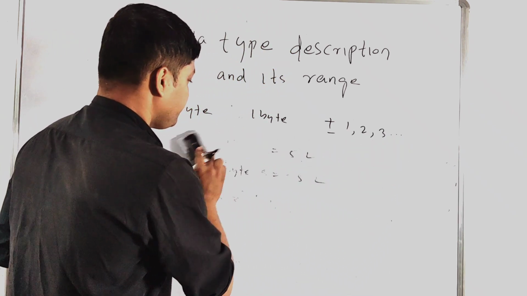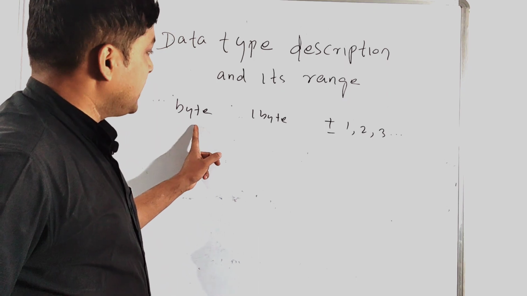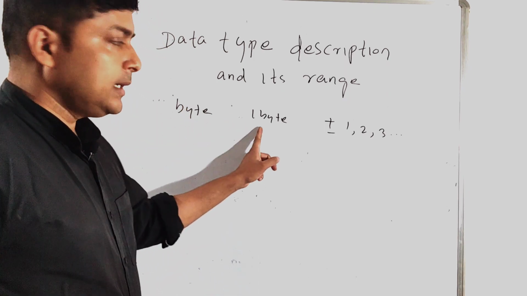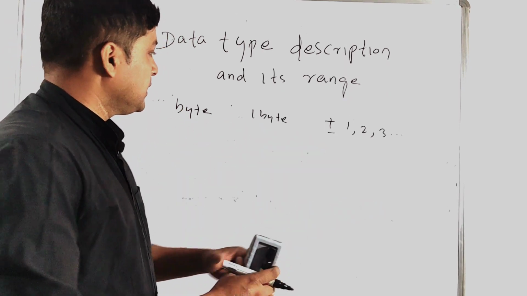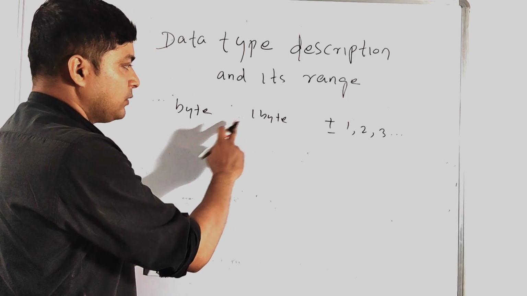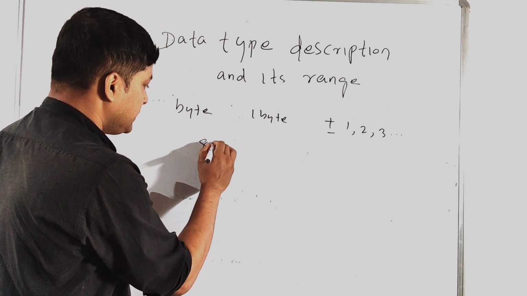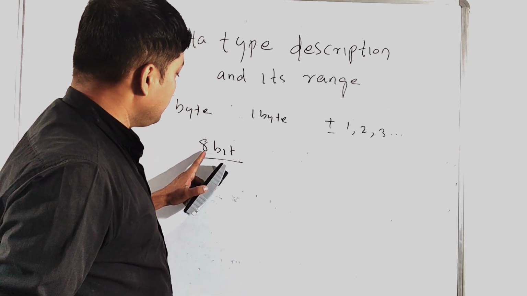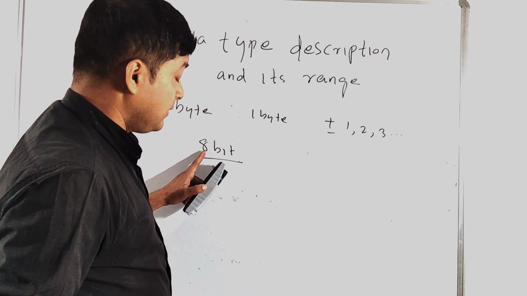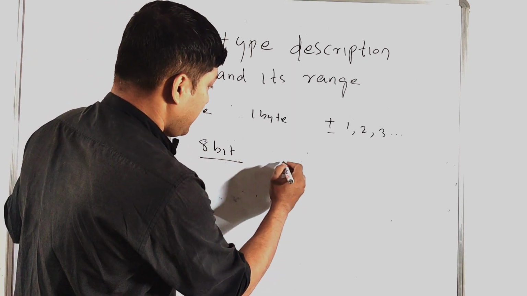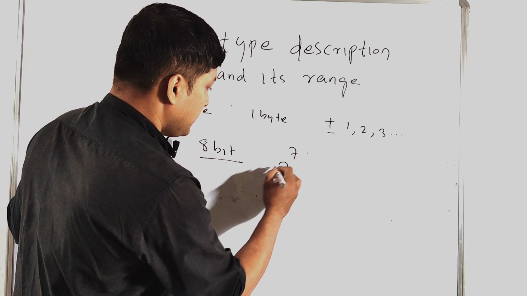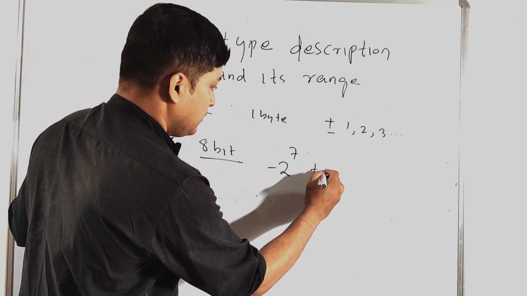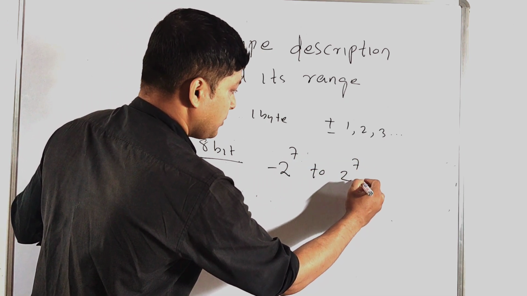Consider the byte data type. Byte equal to 1 byte, and 1 byte means 8 bits. Take away 1 bit for the sign, that leaves 7 bits. So its range is minus 2 to the power 7 to 2 to the power 7 minus 1.